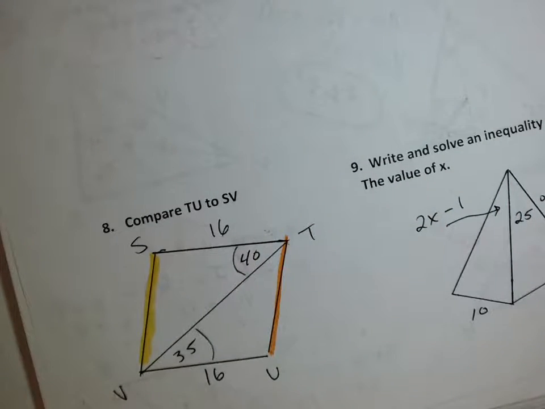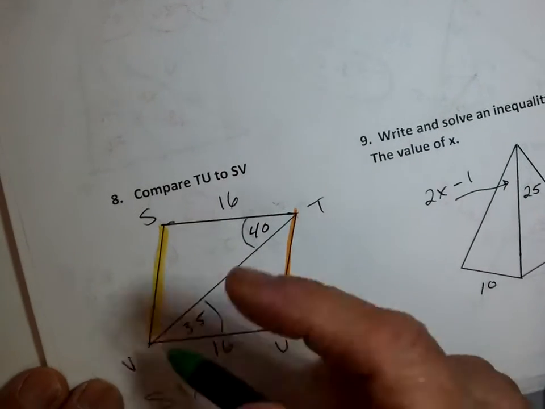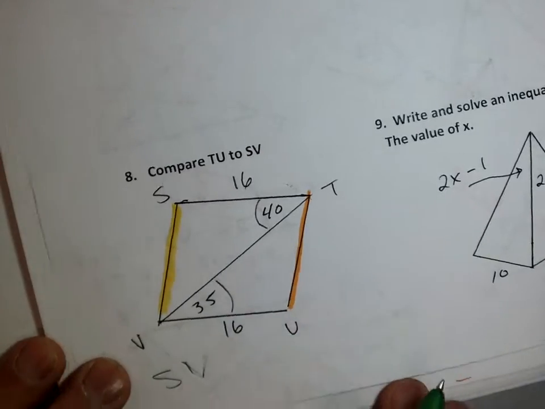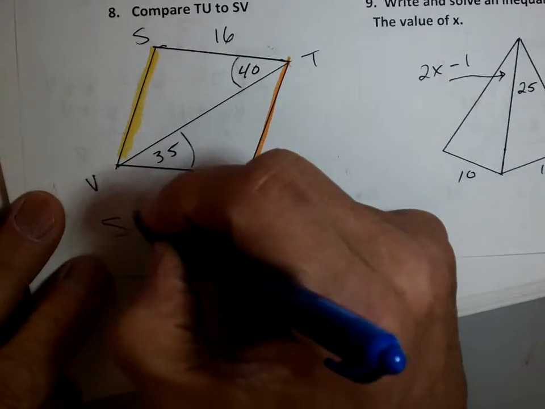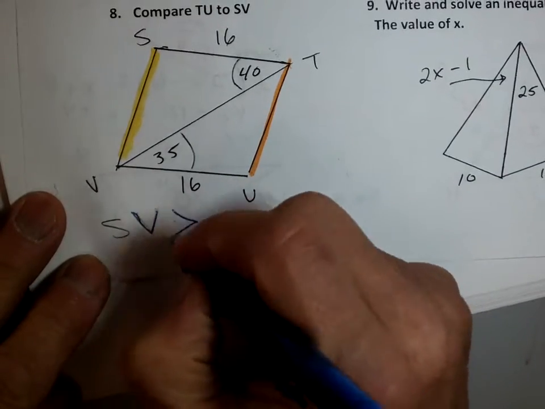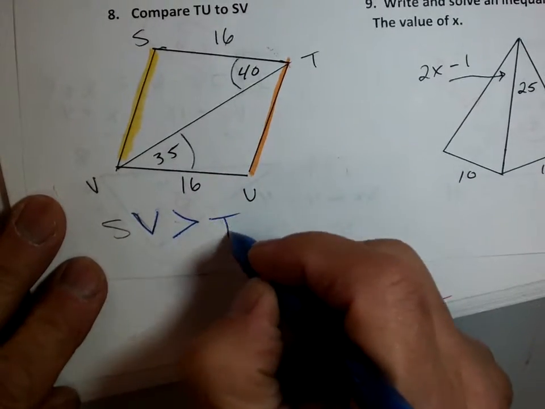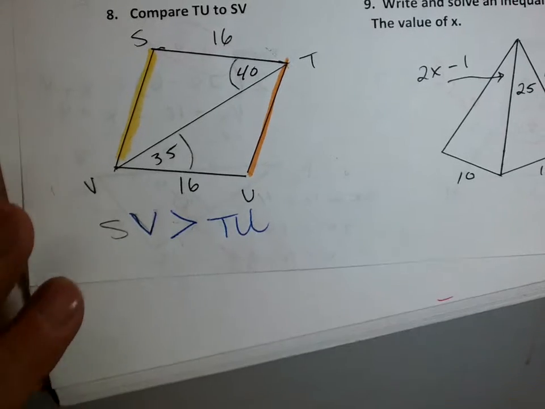So SV is greater than TU. Obviously, okay?